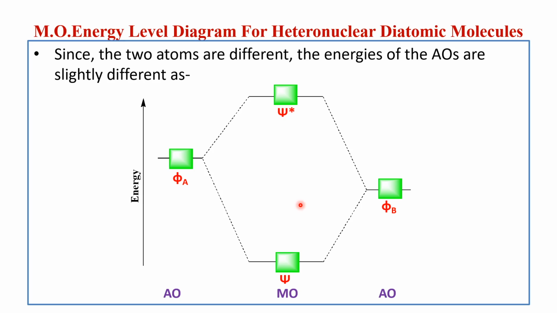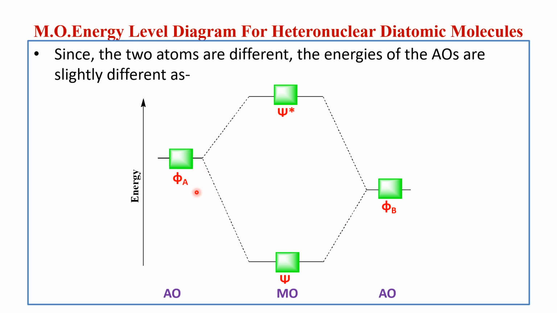According to the LCAO principle, as we have two atomic orbitals, there should be the formation of two molecular orbitals. Out of the two molecular orbitals, the lower one is the bonding and the upper one is the anti-bonding. Now the two different atoms have different energies for the atomic orbitals, right?